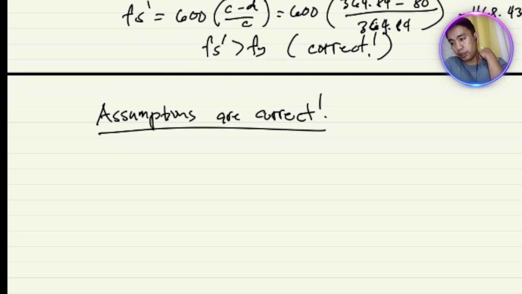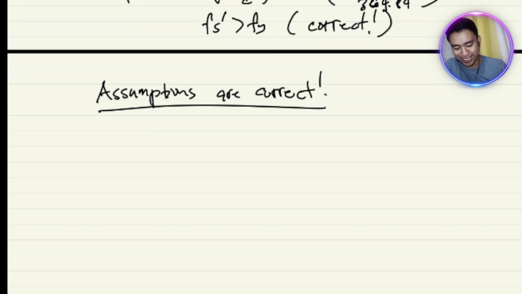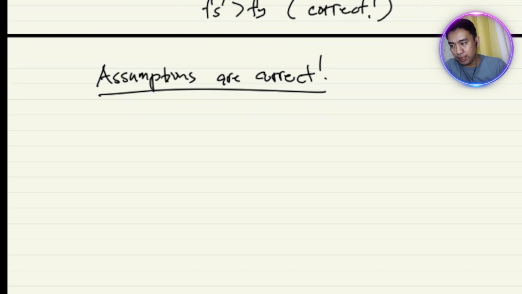So, if our assumptions are correct, then we can move on. Let's check muna yung Fs. Ang Fs natin is less than Fy. Okay? Kasi dalawa yun eh.